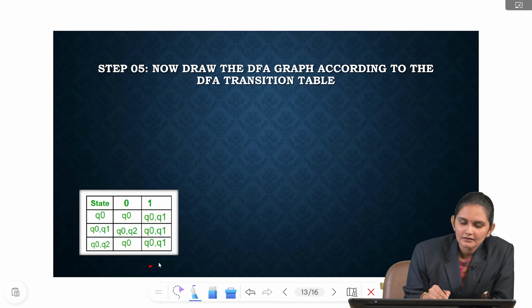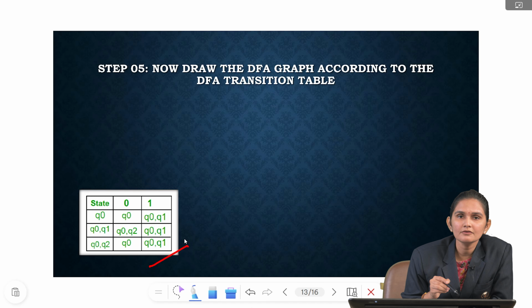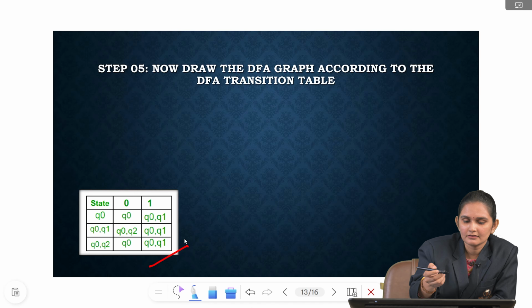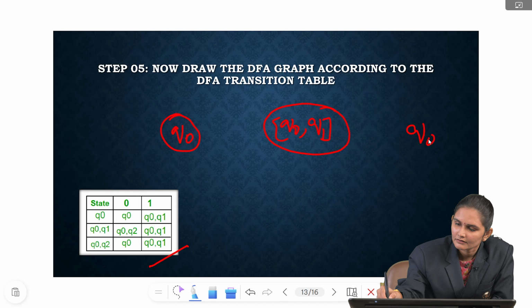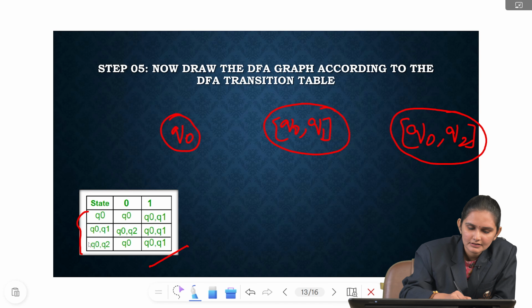So this is the formed DFA table from the NFA table. Next step, we need to draw the DFA graph here. What are the states here? Q0, Q0 Q1, and Q0 Q2 are the states.